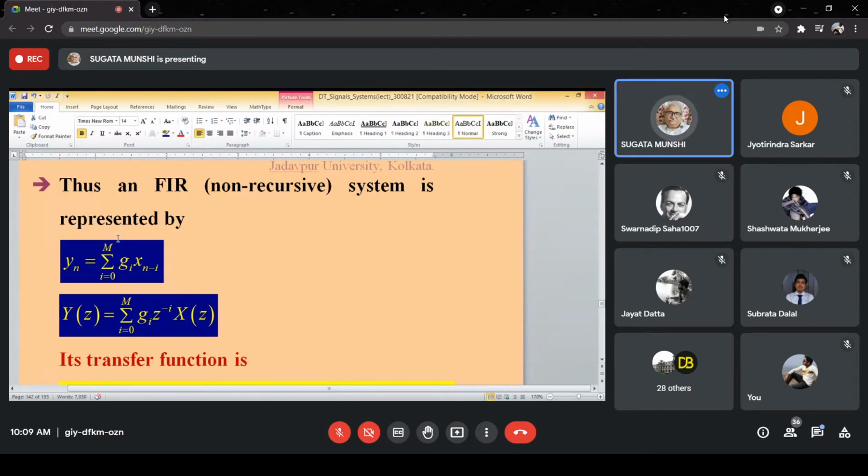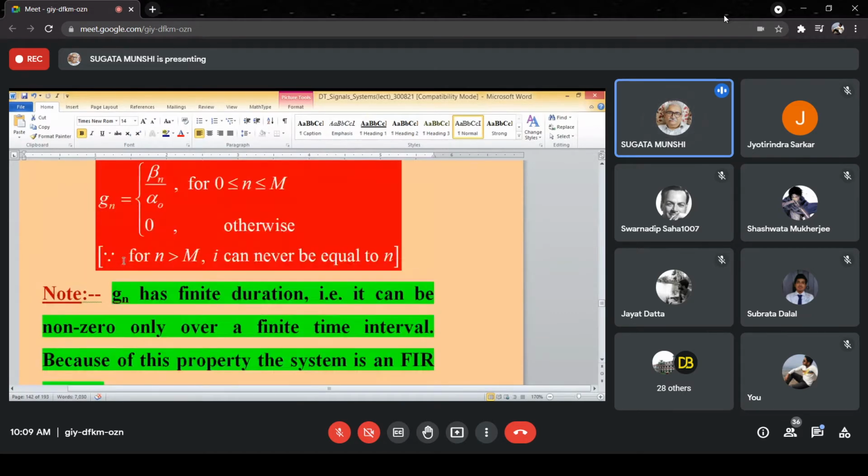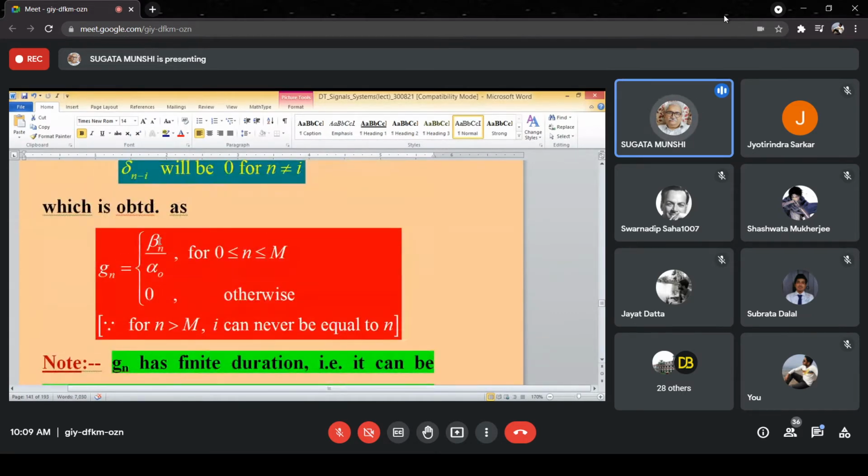So this is the representation of an FIR, or you may say non-recursive DT-LTI system, given by that equation, y[n] equal to summation over i equal to 0 to m of g_i x[n minus i]. These g_i's are nothing but beta_i divided by alpha_0.